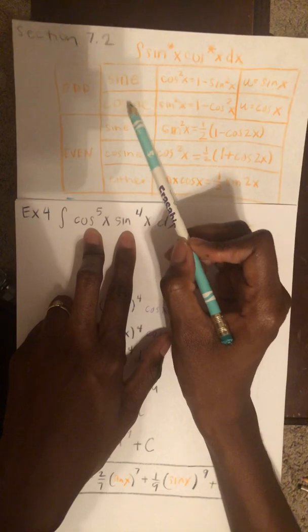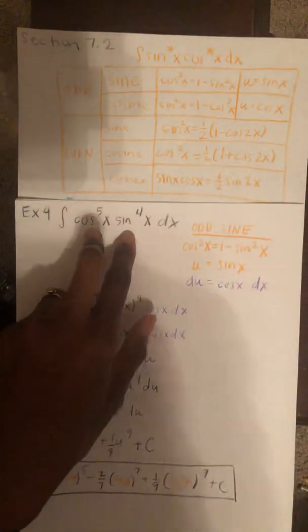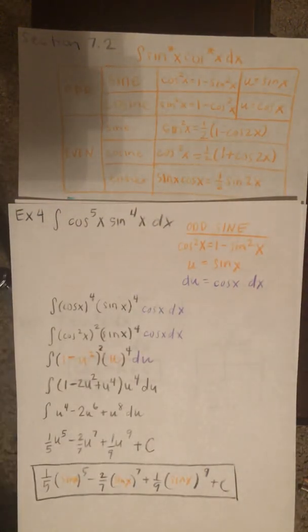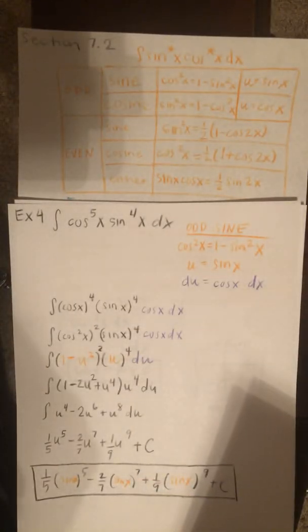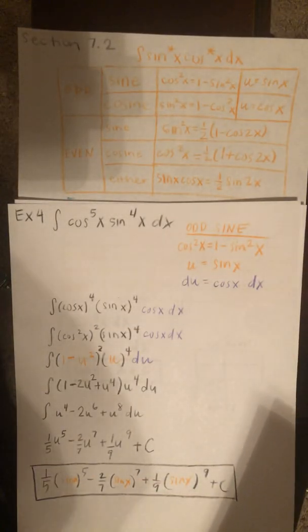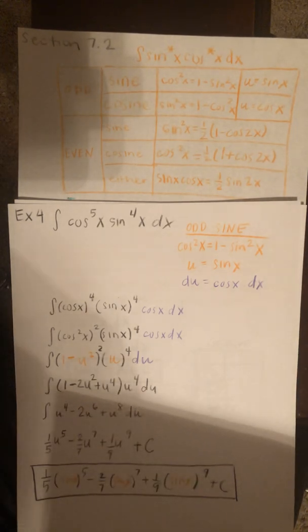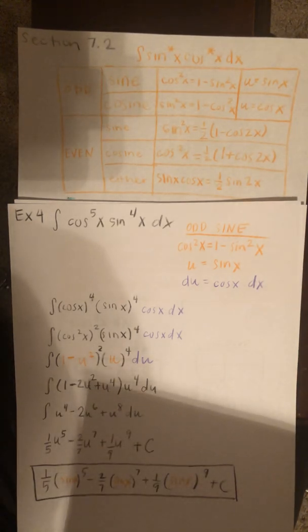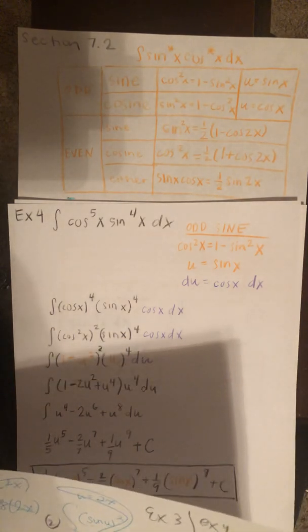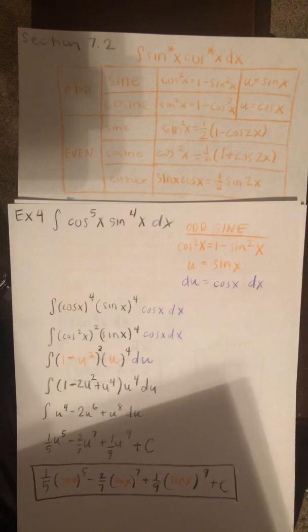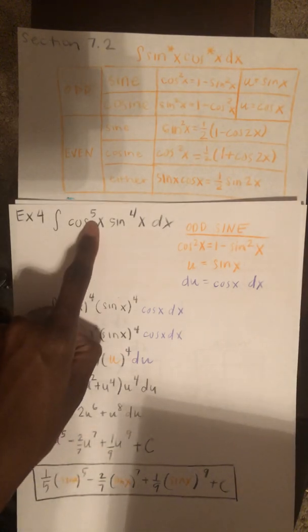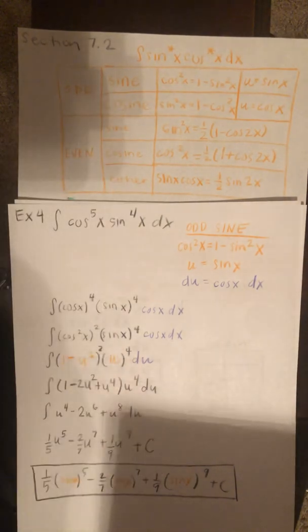So if we were to do it this way, I'm just gonna show you guys why this doesn't work. I think I have a sheet of paper where I tried it like 3 different ways. Let me see, what is this, example 4? Yeah, so what did I do? I did odd cosine, just because I saw odd cosine and I didn't see odd sine.